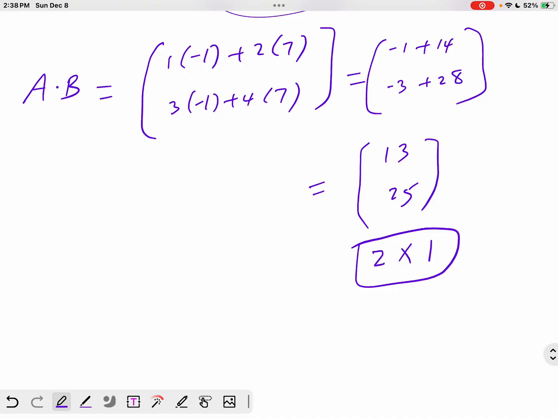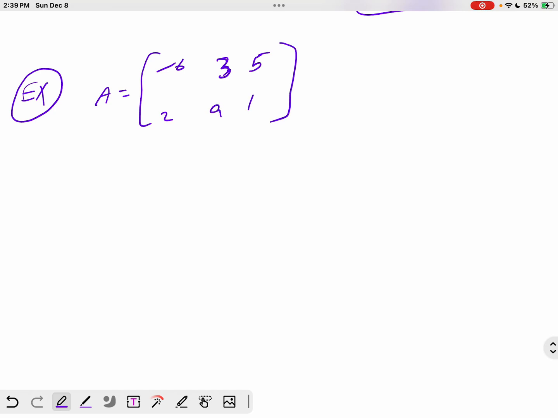Okay, let's do one more. For example, here's one more. This is number 58 from your textbook. This is multiplication, so the A is -6, 3, 5, 2, 9, 1. So there are 2 rows and 3 columns.